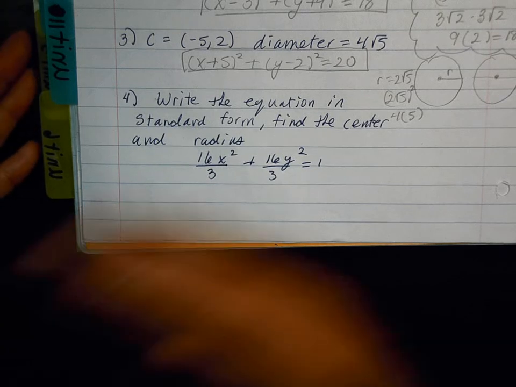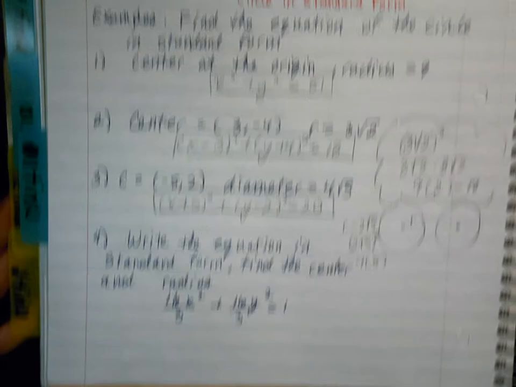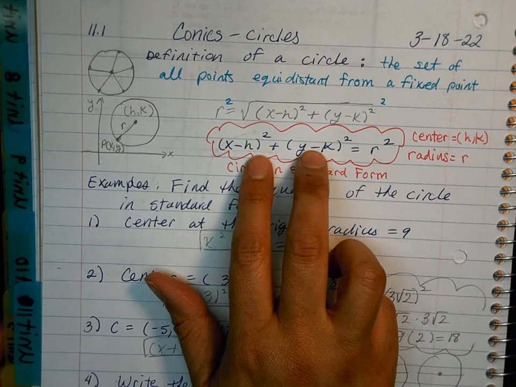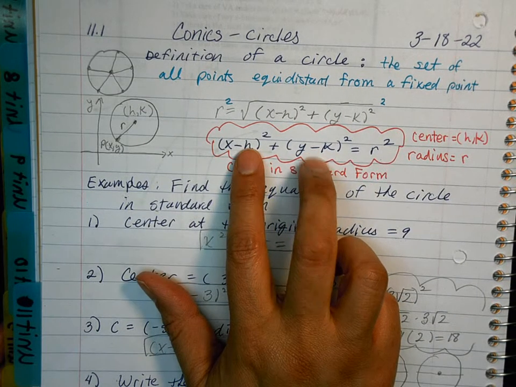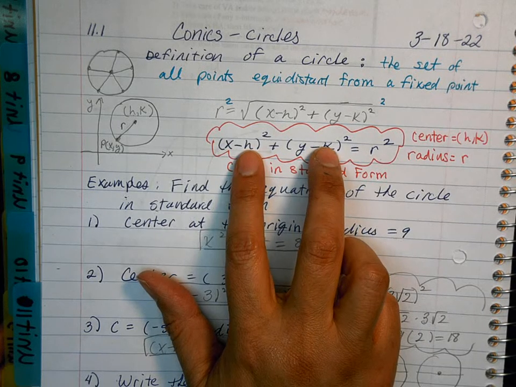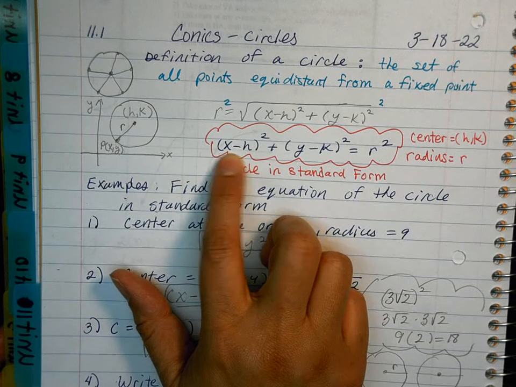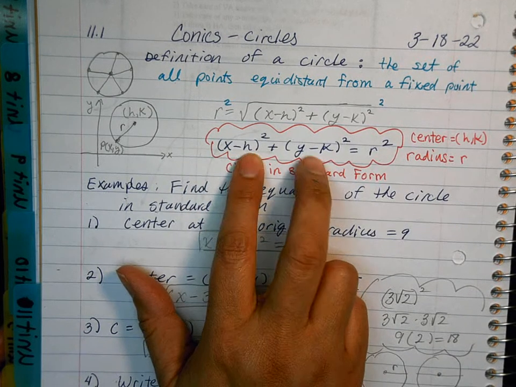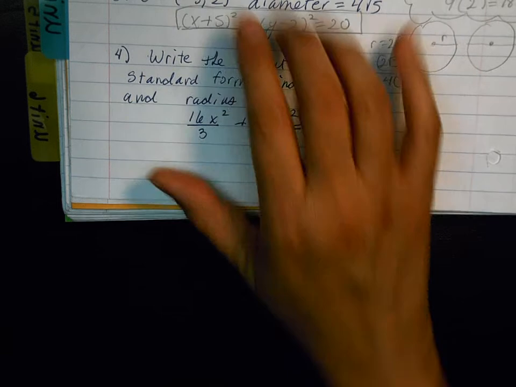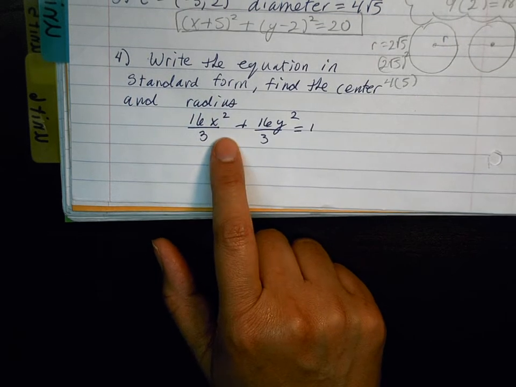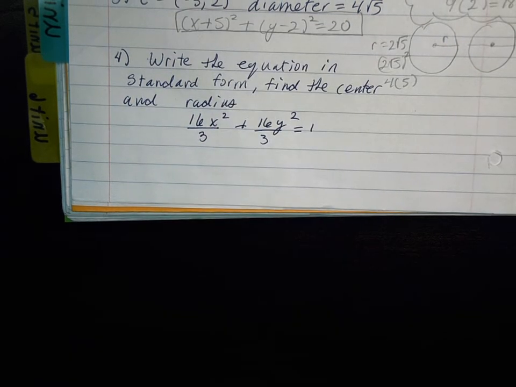In standard form, it's okay to have plus or minus numbers in parentheses, but you shouldn't have any leading coefficients either in the front or in the denominator of the x or y. So the 16 and the 3's are not okay. How you get rid of them is up to you. You can get rid of them all in one shot by multiplying by the reciprocal.